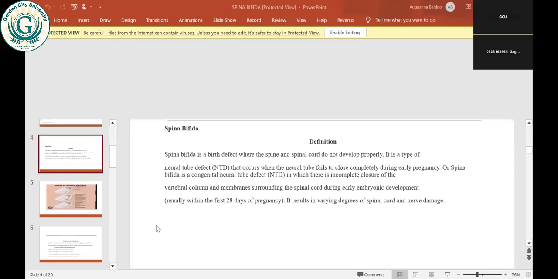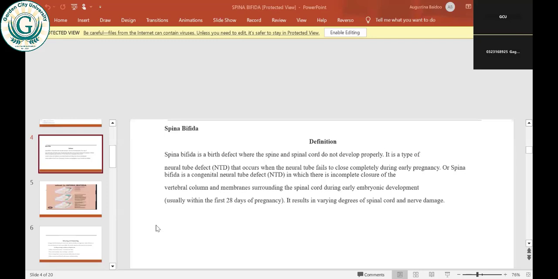Spinal bifida is a birth defect where the spine and the spinal cord do not develop properly. It is a type of neural tube defect that occurs when the neural tube fails to close completely during early pregnancy.